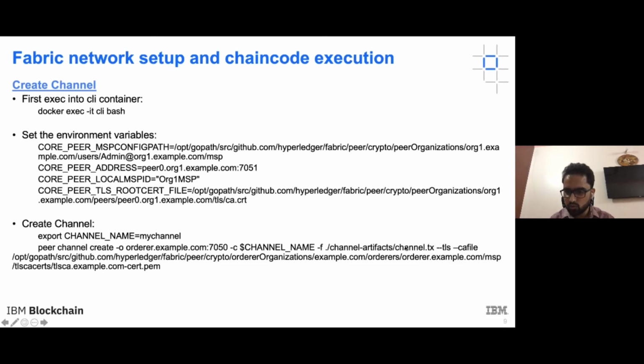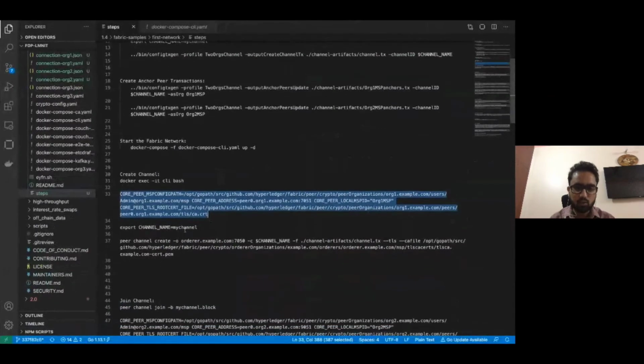I'm going to use this transaction to submit to my orderer so that it can create a channel for us. And these are other parameters. Is TLS enabled or not, and what is the CA file? The CA file is actually the certificate for that TLS CA. So I have to use these two commands to create a channel.